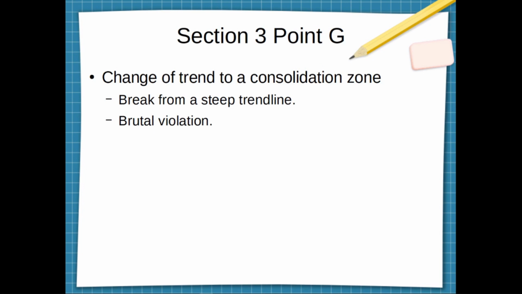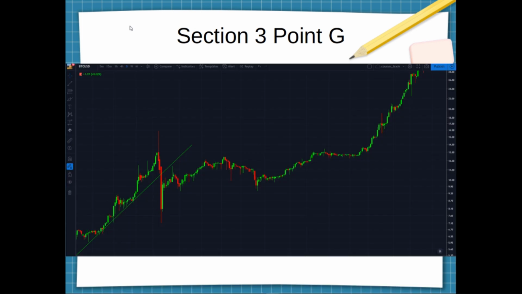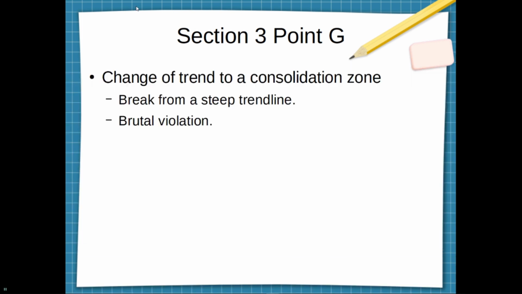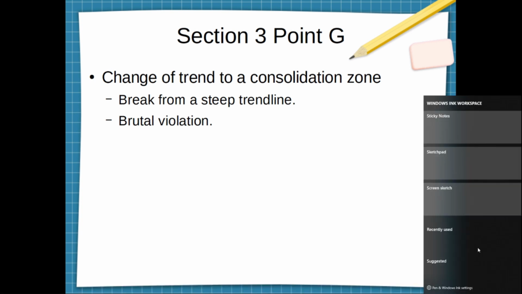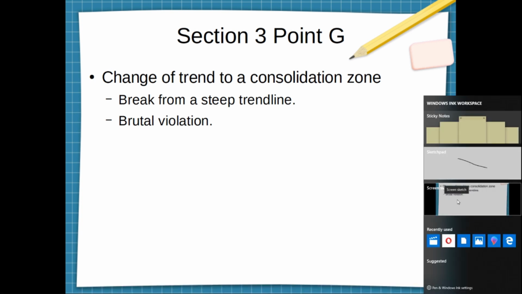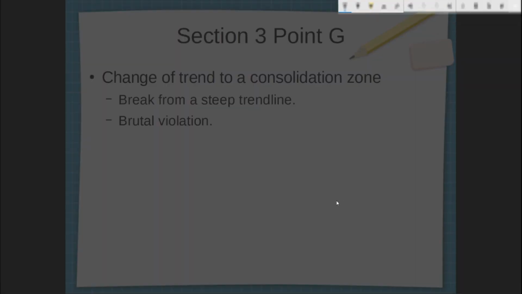So on the next slide, I'm going to explain two principles. The first principle is when the trend line is sharp. I think I did go over this, but I wanted to talk about two situations in which you can expect a consolidation, which means a consolidation is most likely to happen instead of a clear reversal.